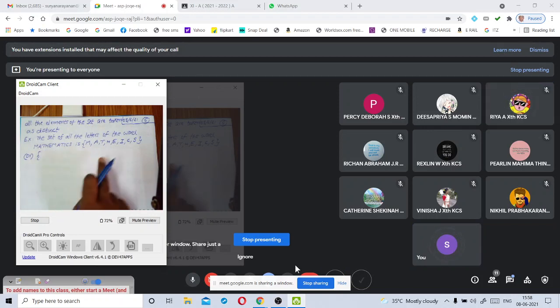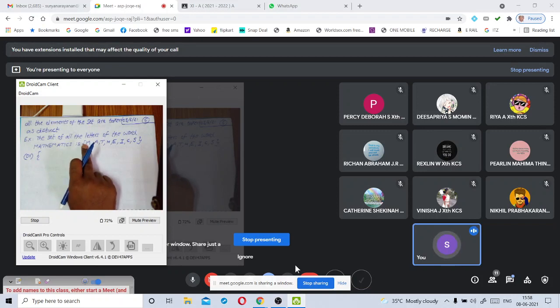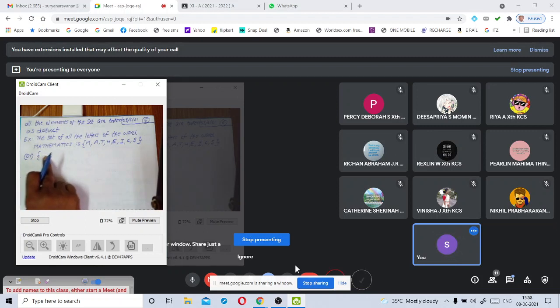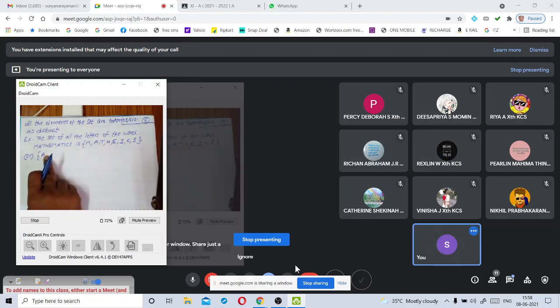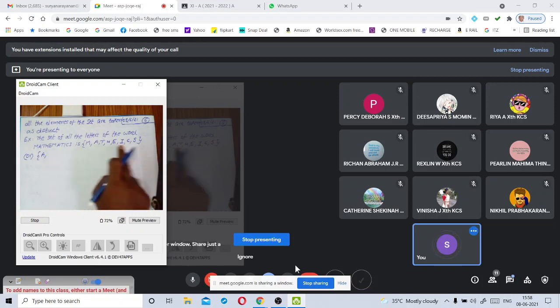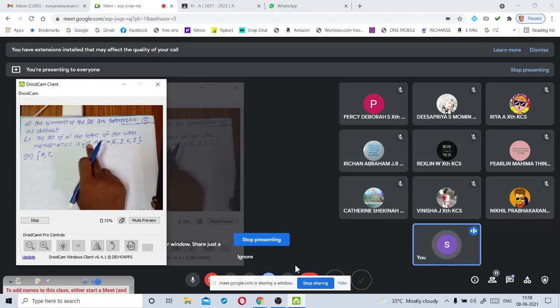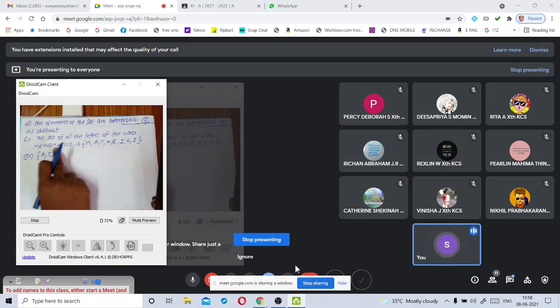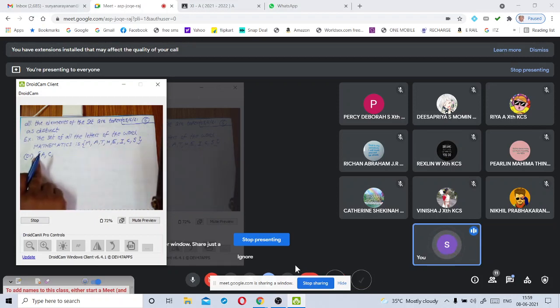Yes, sir. Suppose we can write this same set in alphabetical order. Suppose I want to write this set in the alphabetical order. So A, C, in alphabetical order I am writing. Here I wrote these letters as it is without repetition of the elements. Otherwise we can write like this also.